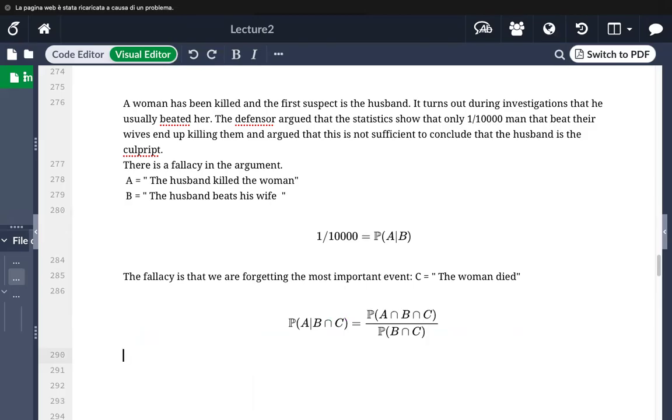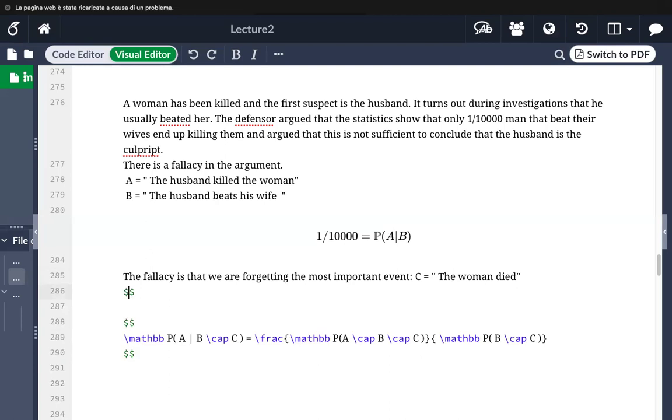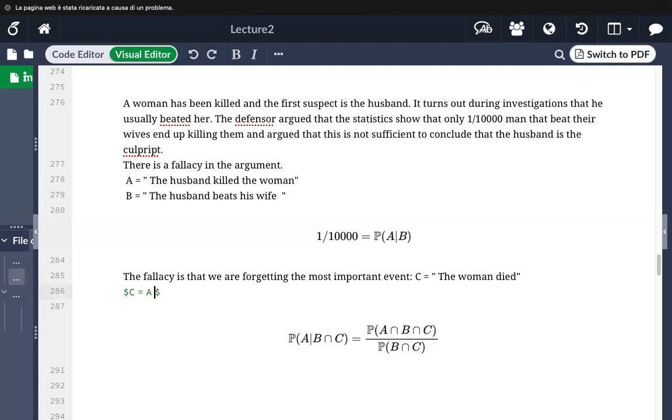Now, we can write C as the event that C is equal to the event A, that is, that her husband killed her, plus the event that another one killed her.